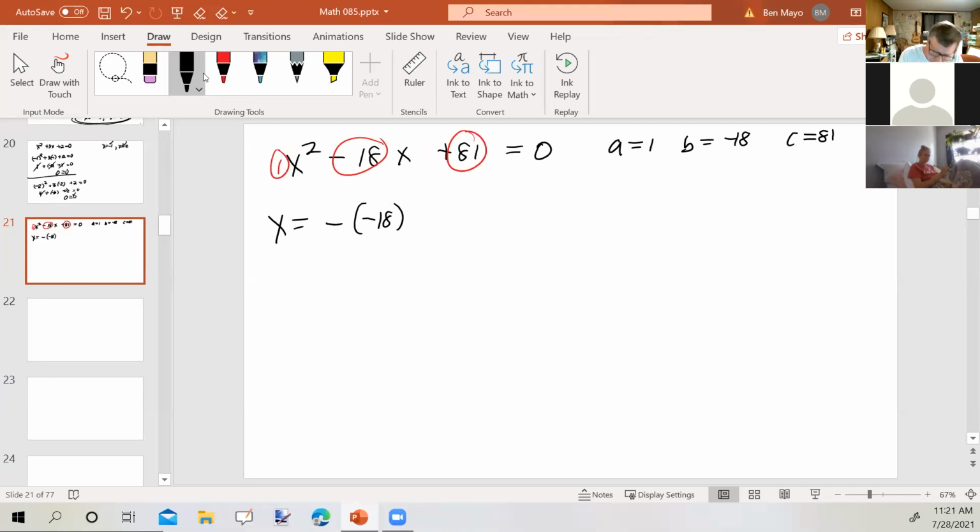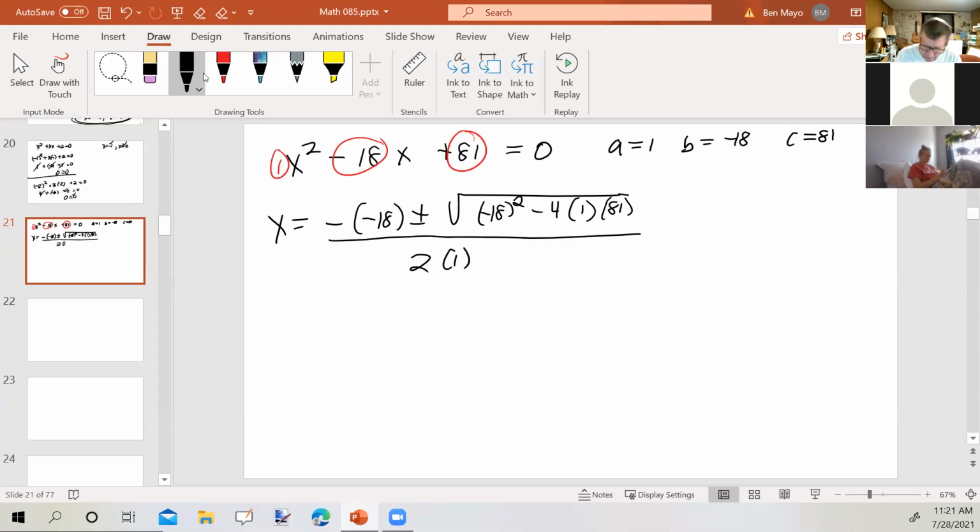All right. So x equals negative b plus or minus the square root of b squared minus 4ac, all over 2a. Notice inside the radical that -18, that whole thing is all b, so it's all being squared.